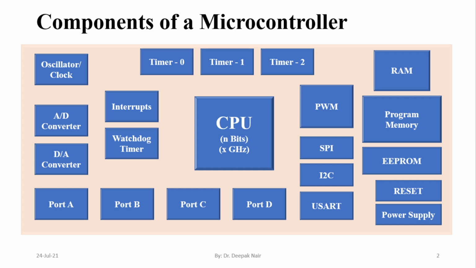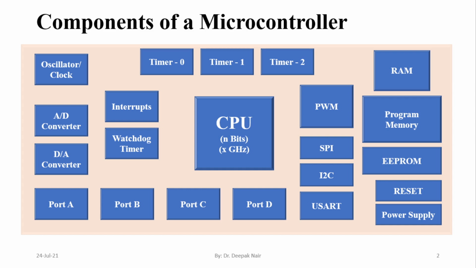Depending on the microcontroller, we may have SPI communication, we may have I2C, or even serial communication ports like USART or UART. So including all these components along with the CPU makes a microcontroller.